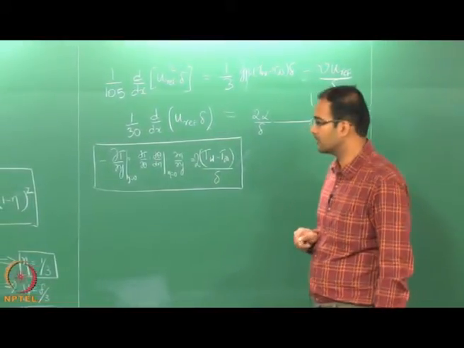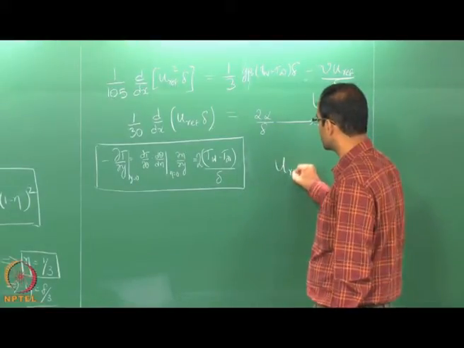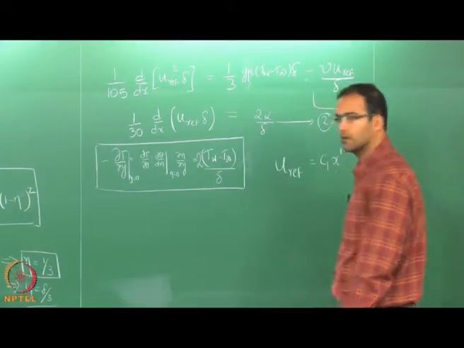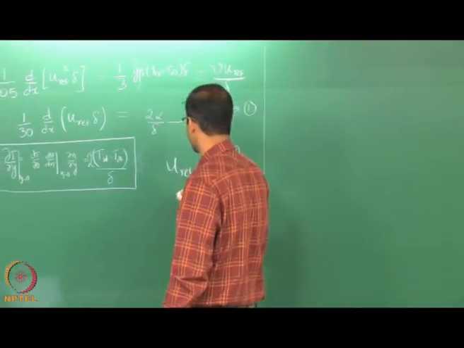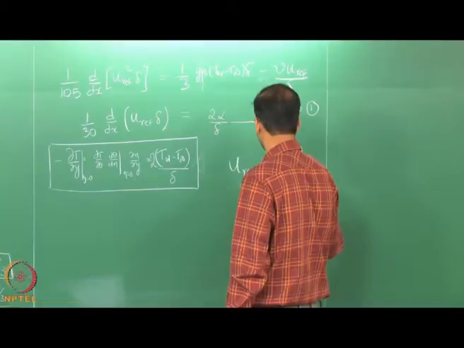So let us make an approximation that U reference is equal to C1 x power m. So this is how it varies. Similarly, let us make an approximation that delta varies as C2 x power n.